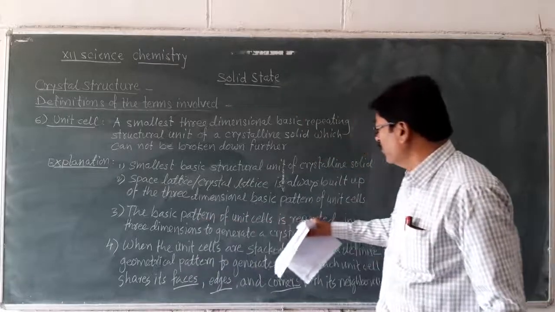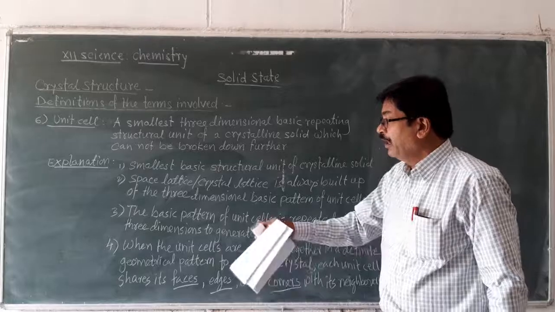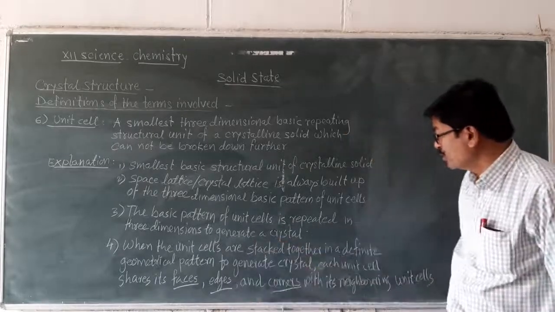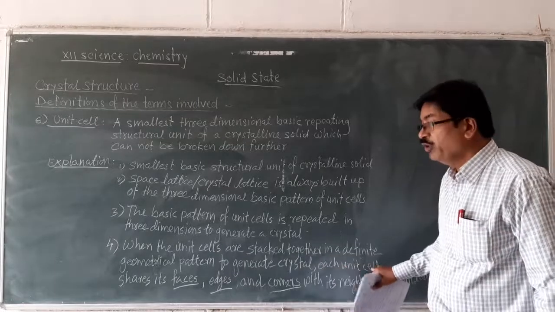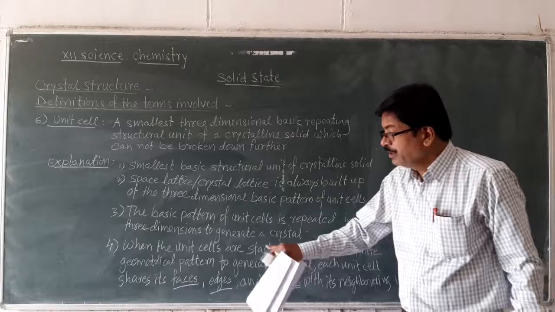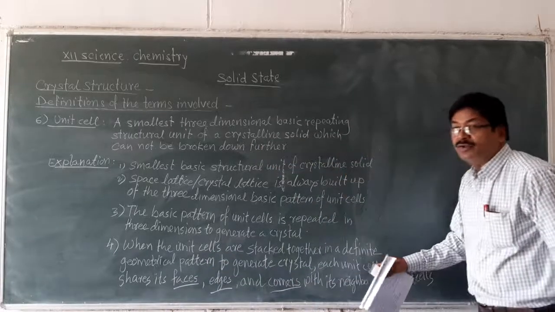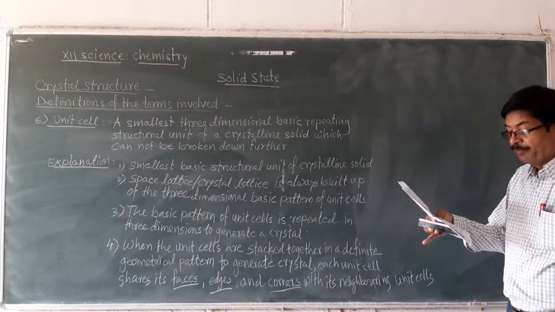The basic pattern of unit cells is repeated in three dimensions to generate crystal, and when crystal is formed by stacking unit cells together in a definite geometrical pattern, every unit cell in the crystal shares its faces, edges and corners with its neighboring unit cell.